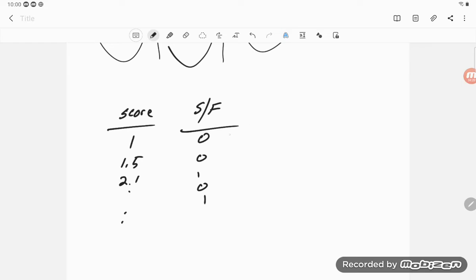Well, the problem is, if I go to take the logarithm of 0 over 1 minus 0, that's the natural logarithm of 0, which is undefined. So that doesn't work so well. And similarly, if it were 1, I would have a natural log of 1 over 1 minus 1, which is natural log of 1 over 0, oh, that's undefined as well.